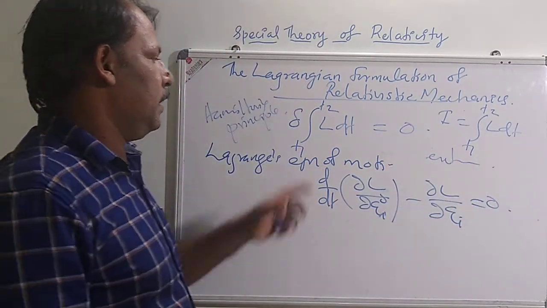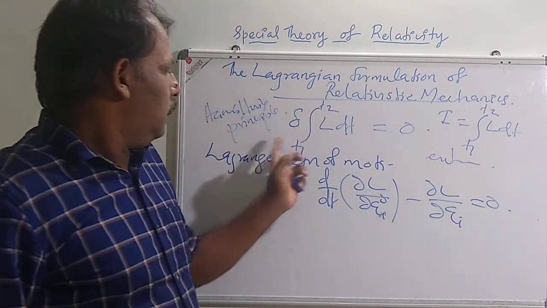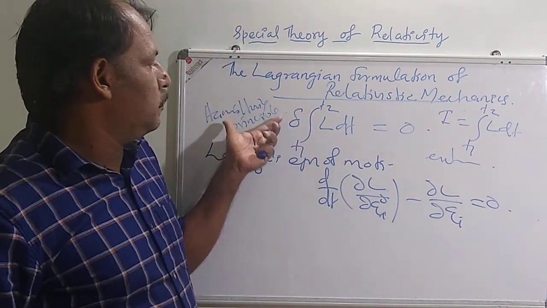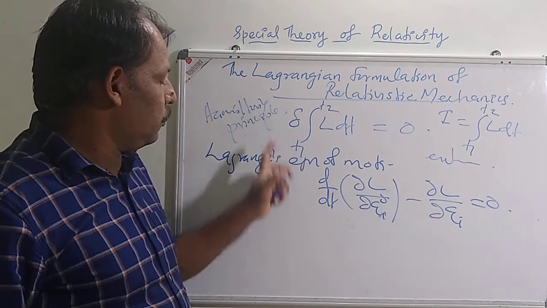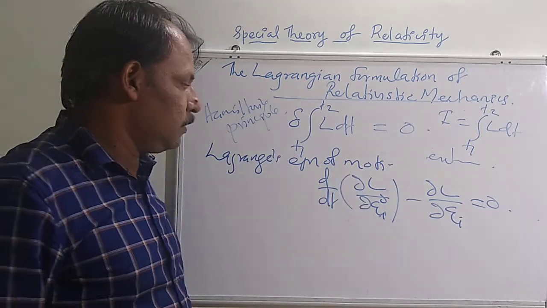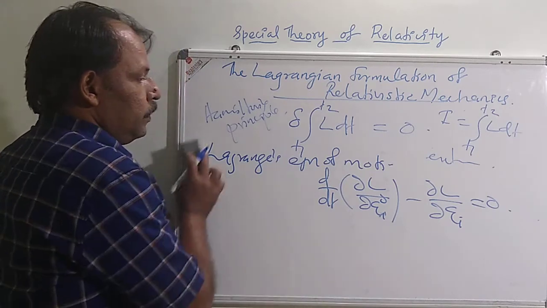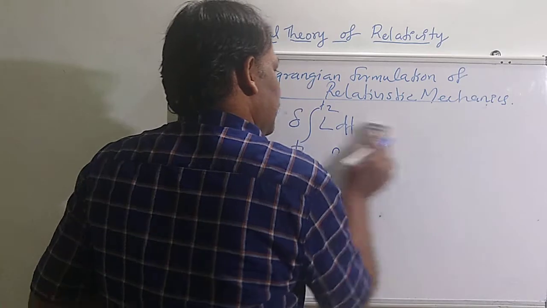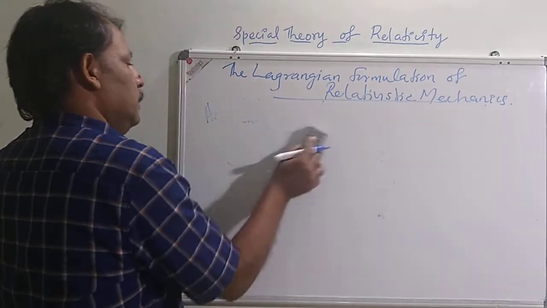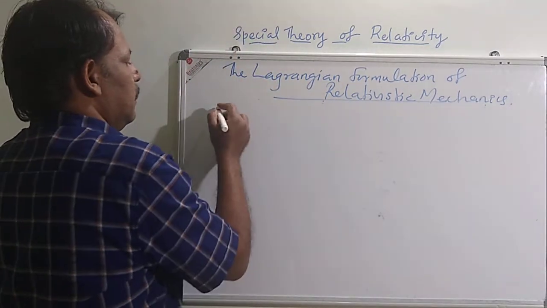So we will find a Lagrangian which will obey Hamilton's principle. If it obeys Hamilton's principle, then it should also obey the Lagrange equation of motion. So that suitable Lagrangian is taken as the relativistic Lagrangian.